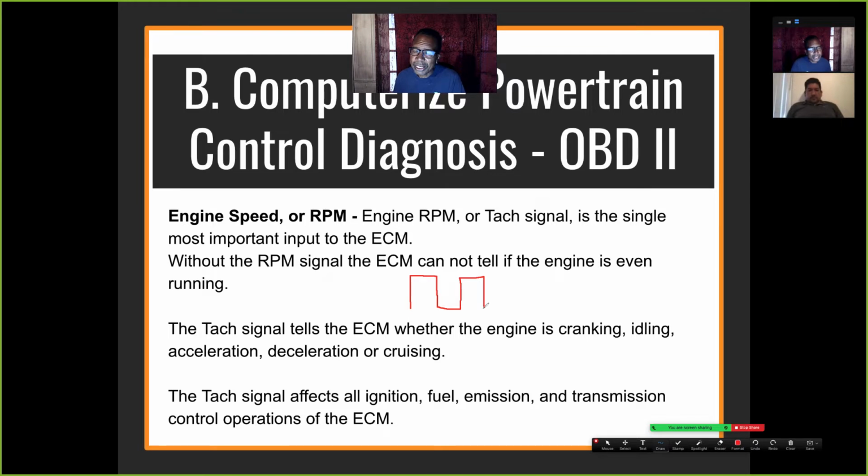On acceleration, the same signal does this: an erratic signal. That signal is going to affect the way the PCM triggers the injectors, fuel pump, and spark. Now you're going to have a car that's going to cut out. This is what I mean by erratic signal.